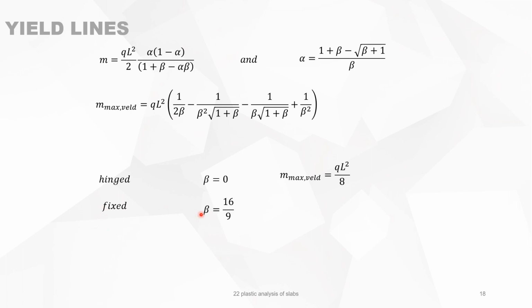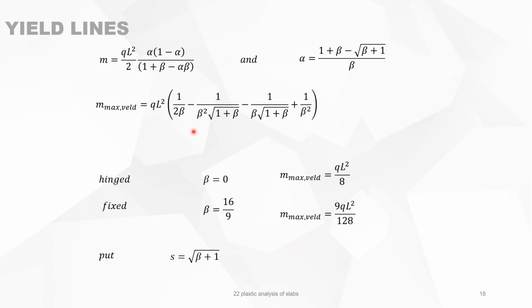When it's fixed, beta is 16 over 9, and then the maximum sagging bending moment is QL squared over 128 times 9. Looking at this formula of the maximum sagging bending moment, if it's hinged, beta is 0, and you get infinity. How is this possible? Well, this is a matter of arithmetic.